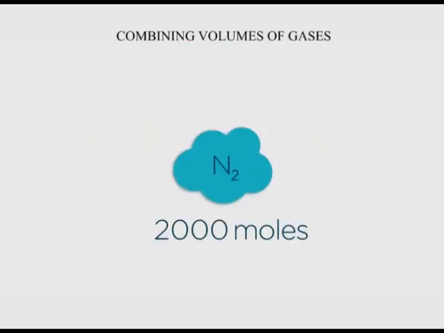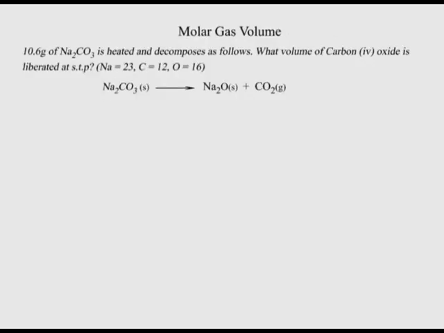Let's take a few examples. First one, 10.6 grams of sodium carbonate is heated and decomposes according to this equation. What volume of carbon dioxide is liberated at standard temperature and pressure? We find the number of moles of sodium carbonate that reacted.